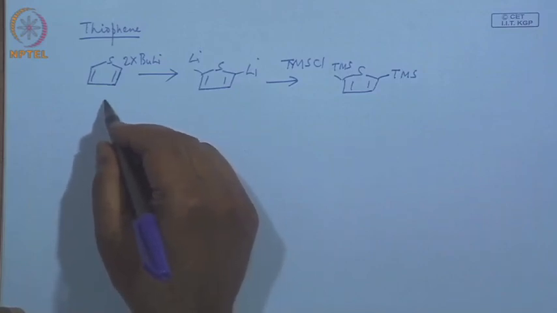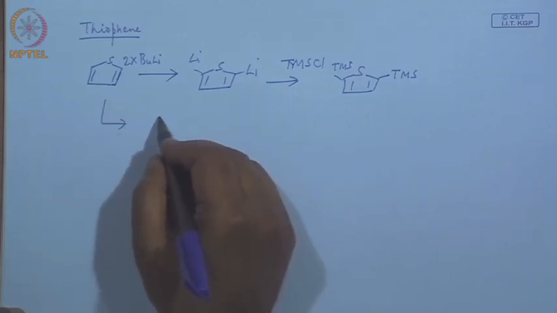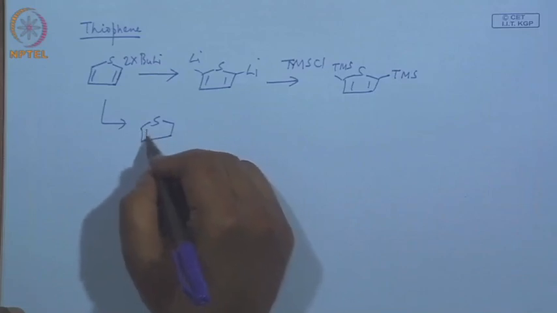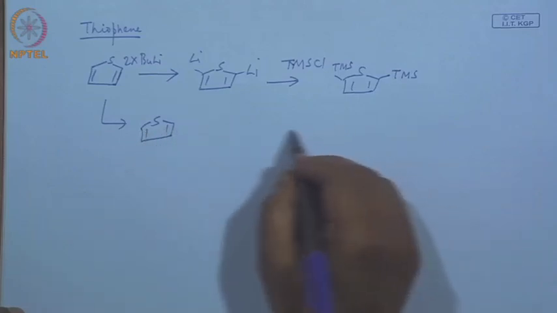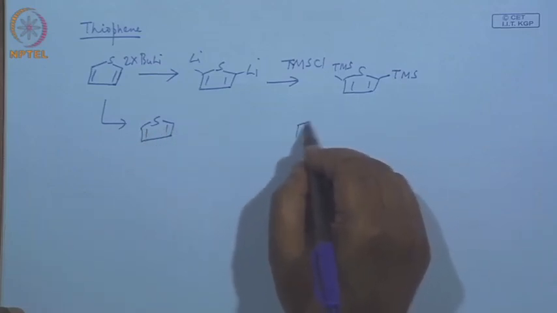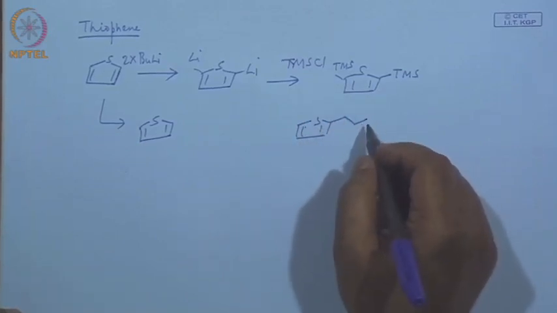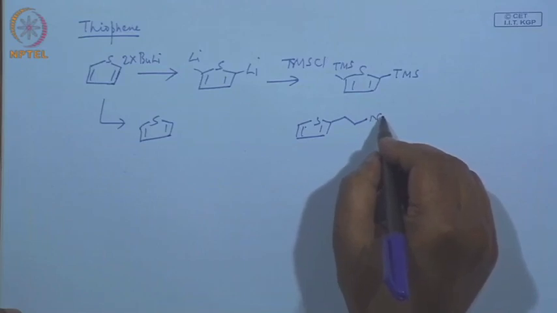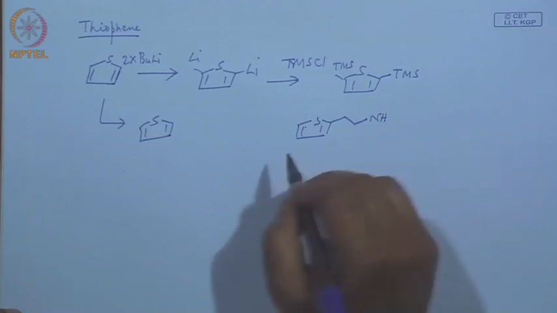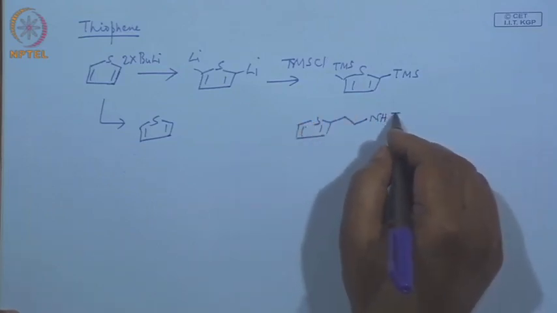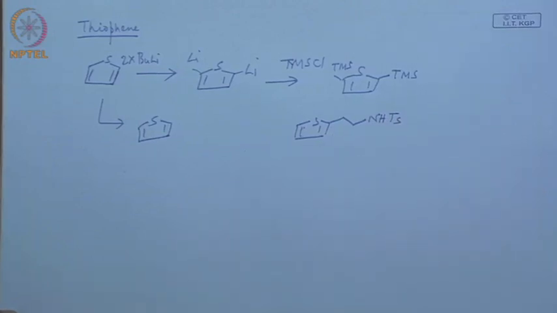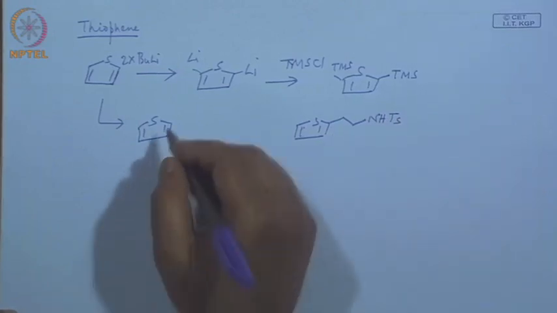Similarly, let us say if you want to make a 2-substituted compound, for example, the compound could be a 2 carbon side chain, let us say with NH2 or NH something like this. So, what is the missing reagent?